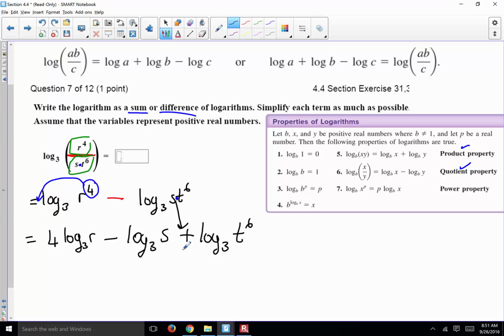Okay? Yes, we can. Next, 3t raised to the power. These are not matching, no match, so I cannot use number 3. But at least there is a power, so we can move it in front. This is s. It looks like 5, but it's s.